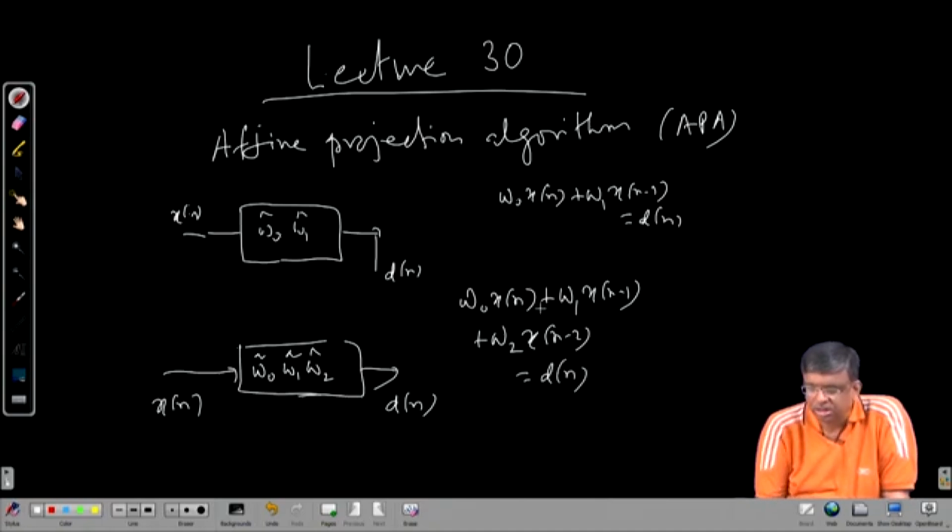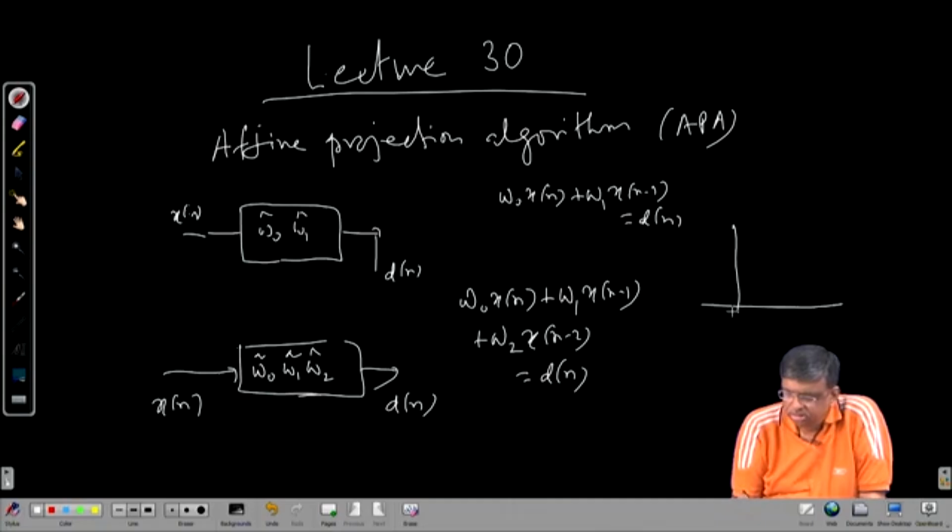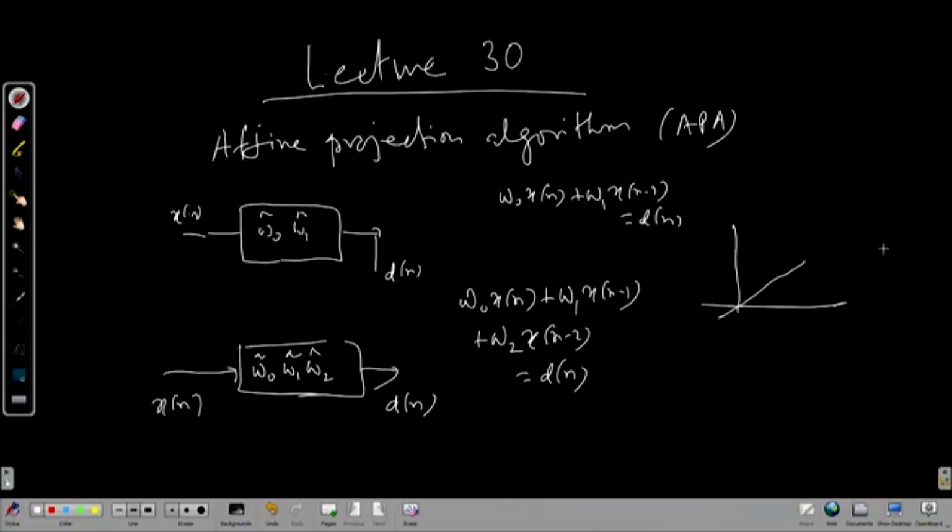So, it has 3 axes W0, W1, W2, a 3 dimensional plot, and this will be a plane. It could be a plane like this. This is a plane, and somewhere in the plane I have got this optimal point.